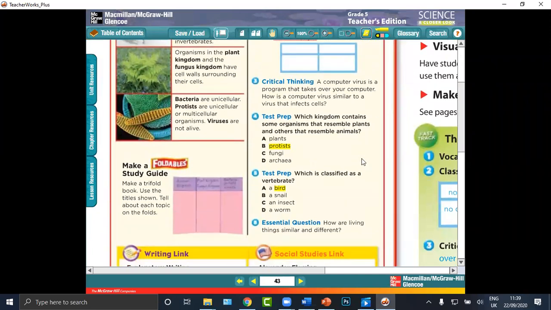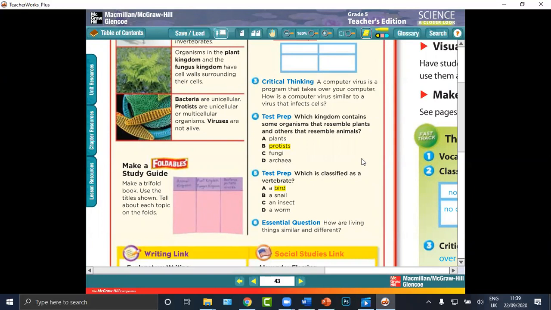Number 3. A computer virus is a program that takes over your computer. How is a computer virus similar to a virus that infects a cell? The virus that infects a cell will make you sick, and the computer virus will make the computer or the program not work. Yes, you did well.